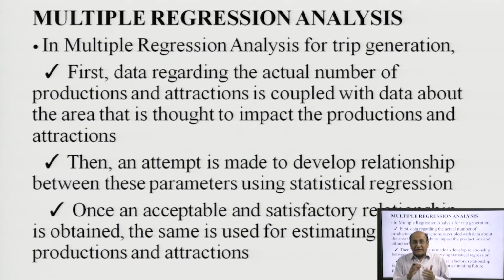Then an attempt is made to develop a relationship between these parameters using a statistical regression. Once an acceptable and satisfactory relationship is obtained, the same is used for estimating future production and attraction.